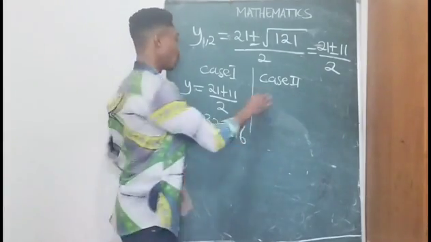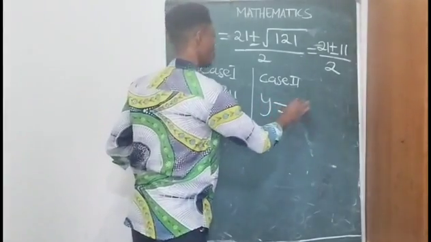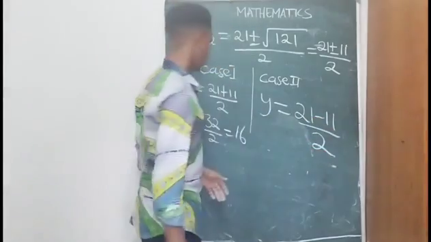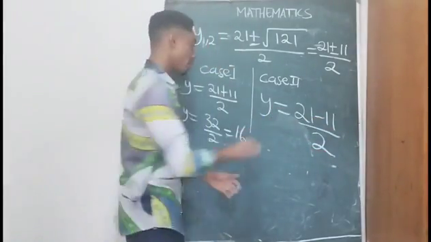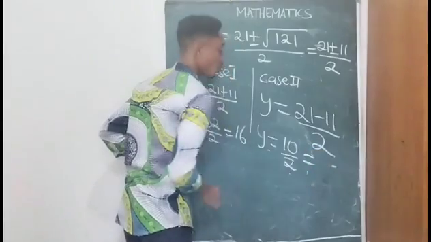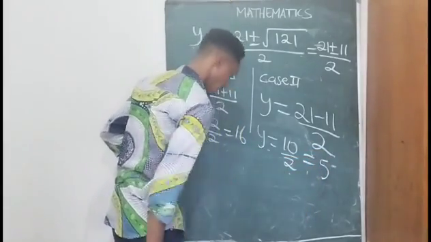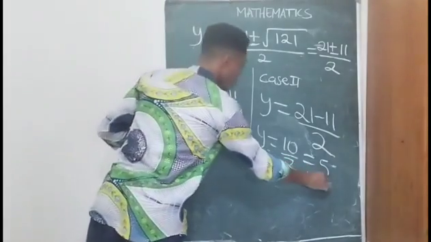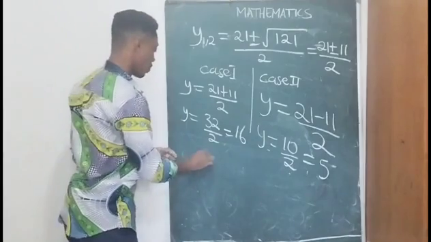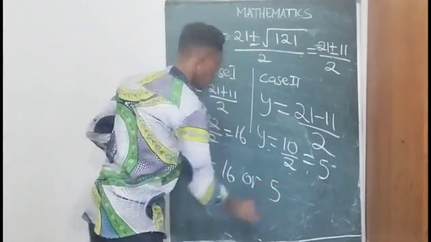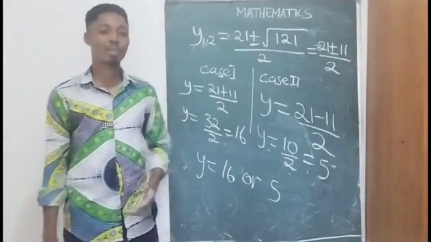If you look at case 2, y is equal to 21 minus 11 all over 2. 21 minus 11 is going to give you 10 over 2. So y is 5. So you can agree with me that y is 16 or 5. These are the two solutions for this quadratic equation.